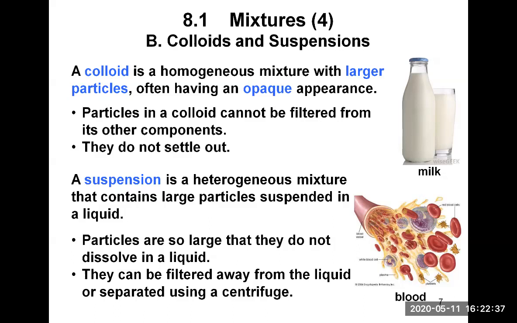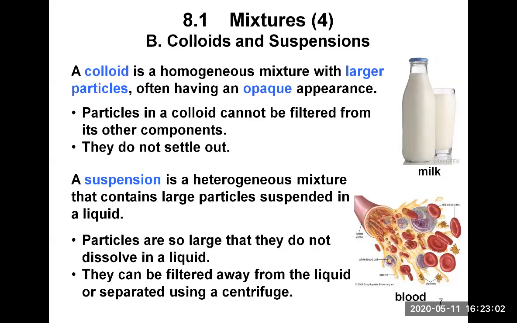And so a typical example here is blood. Blood, if you let it settle down, you will see the red blood cells settling more to the bottom than the white blood cells. And that's a property that is actually used to separate the different components of blood.